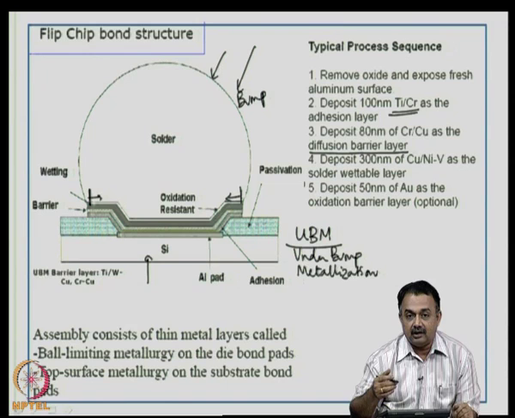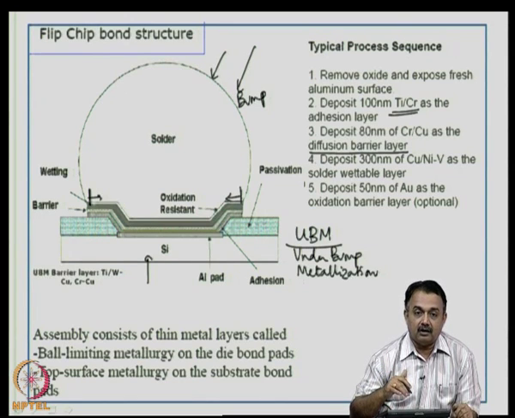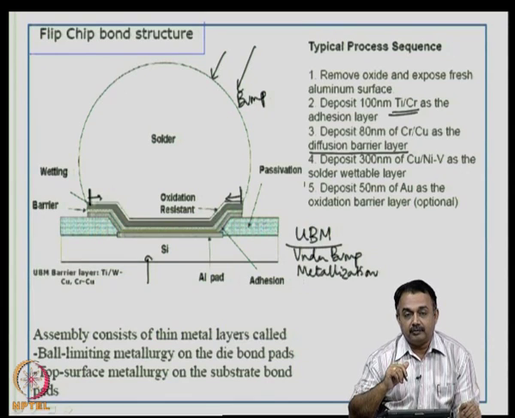If such a thing happens, then during the operation of the flip chip, the solder can get diffused into the other materials if there is no barrier layer, and new intermetallics can cause solder joint fatigue and other metallurgical problems, which can give reliability issues.